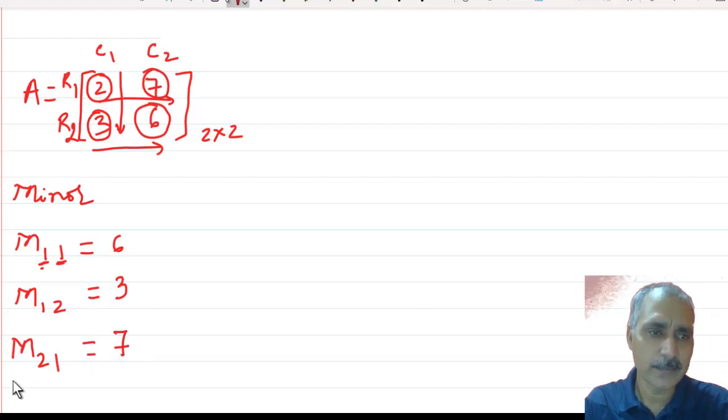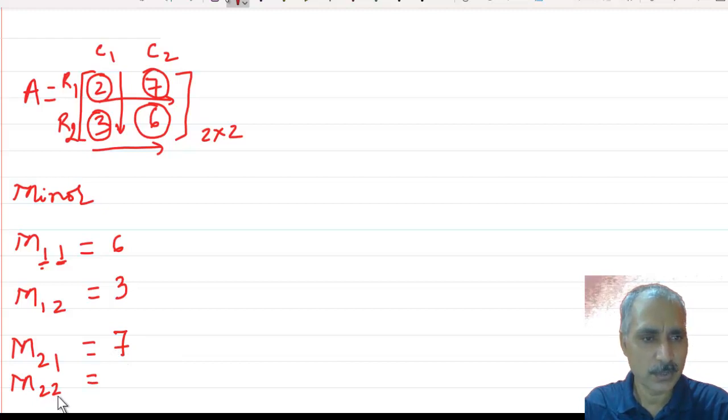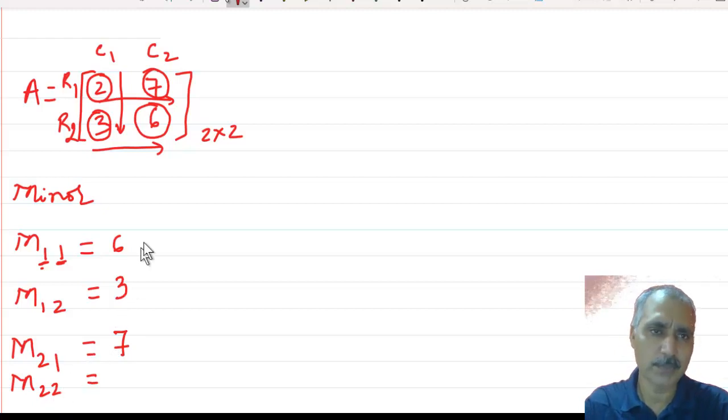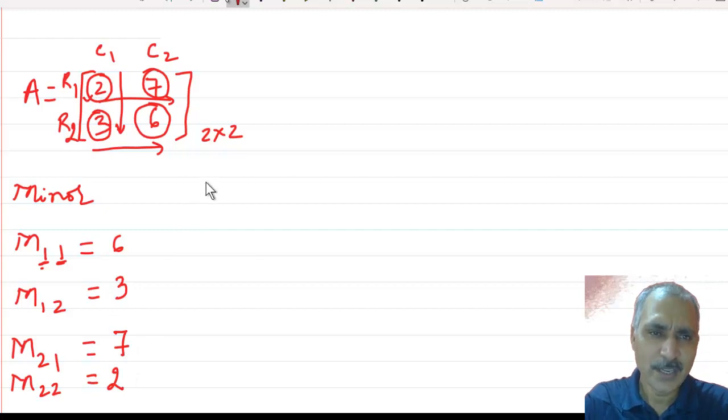And the last one is M22, that is the minor of the element present at the second row and second column position. The first number says the row number, the second is the column number. So if we hide the second row and the second column, we are going to get this 2. So the answer is going to be 2. Now we got the minors.